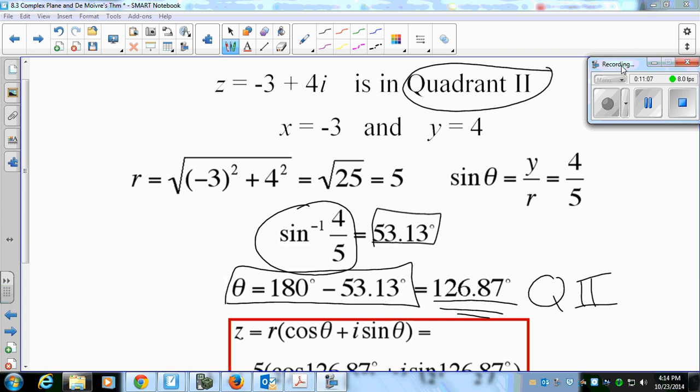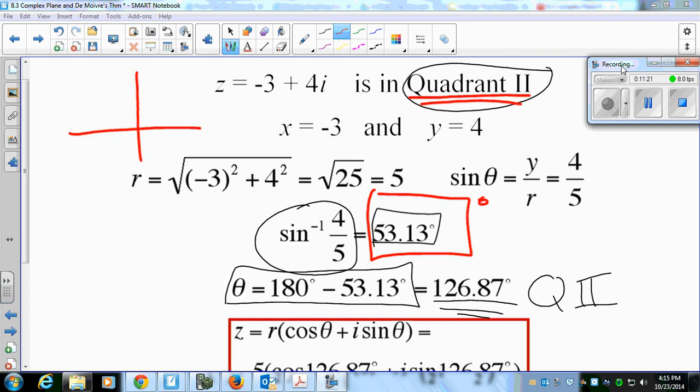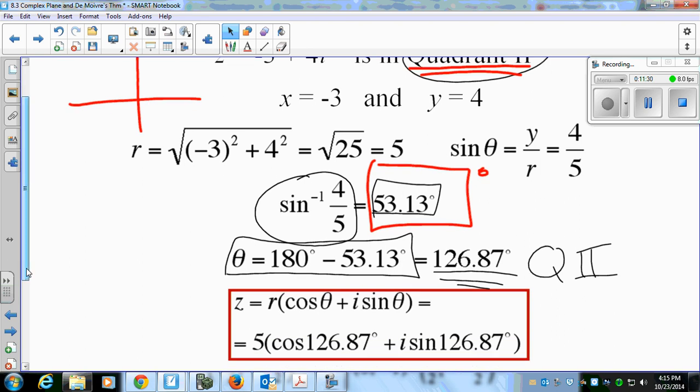Grading a lot of these quizzes tonight, I recognize that a lot of us are still struggling with this idea that you get a principal angle in your calculator, but we're not converting it to the quadrant that this needs to fall into. Clearly, we know that this needs to be over here, so make sure that your angle corresponds to the correct quadrant.